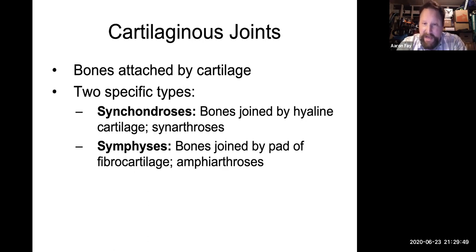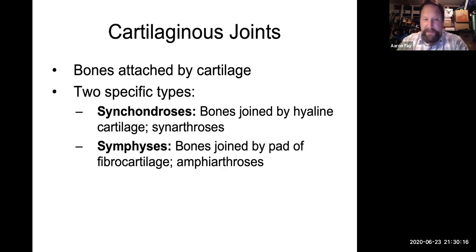So a synchondrosis is two bones joined with hyaline cartilage. Prime example that we've already talked about, the sternum and the various ribs. So you have that little piece of hyaline cartilage in between. So that is a synchondrosis. Your ribs don't really move all that much in relation to your sternum, so it's classified as synarthritic, or synarthrosis.